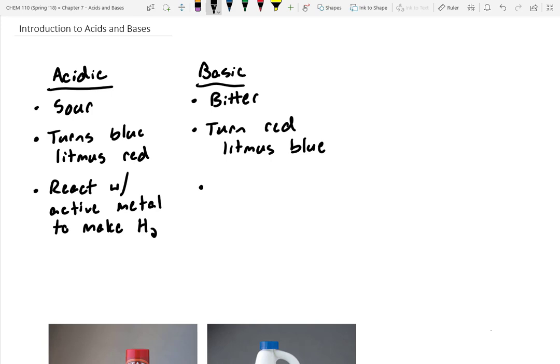However, they can react with acids. And you saw this in the carbonates lab. And in the carbonate lab, what were the byproducts of the reaction? There was CO2. What was the other thing we made? Water. So it reacts with acid to make water. And typically a salt.